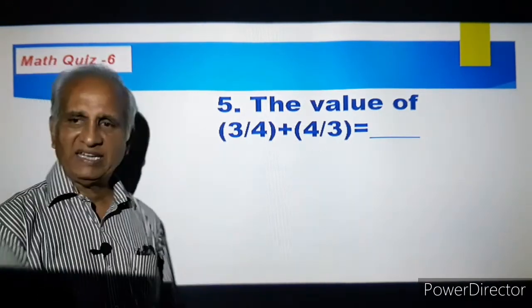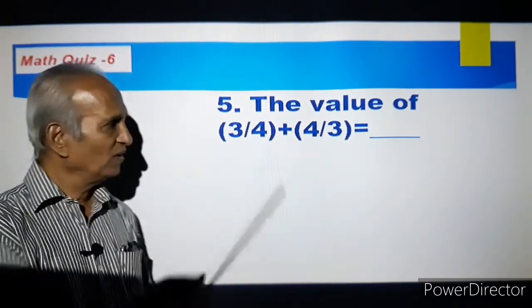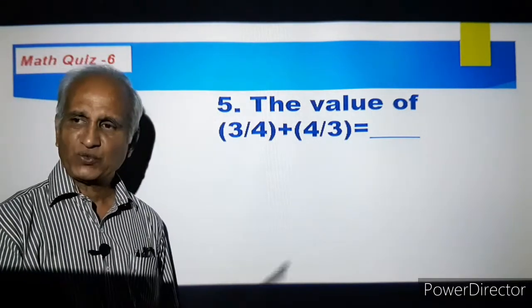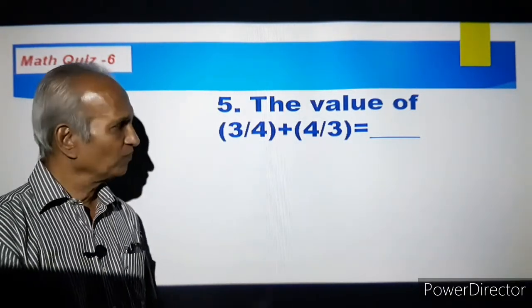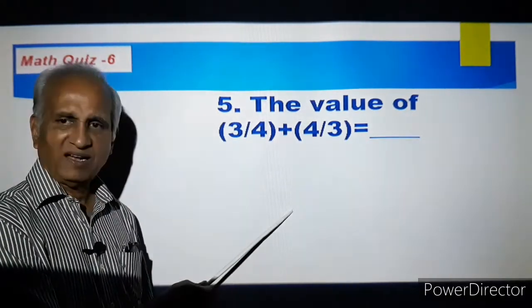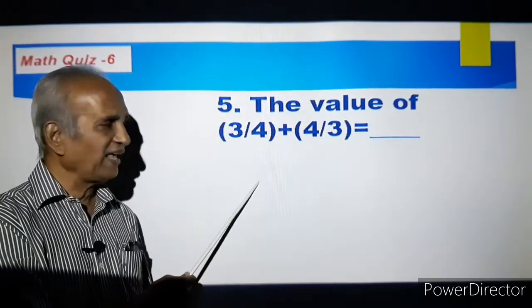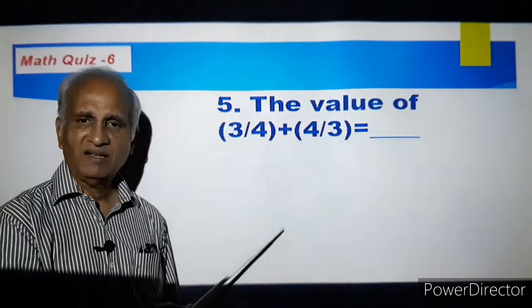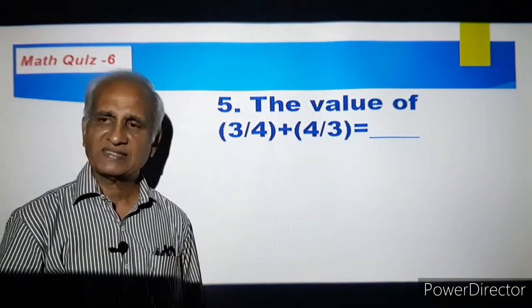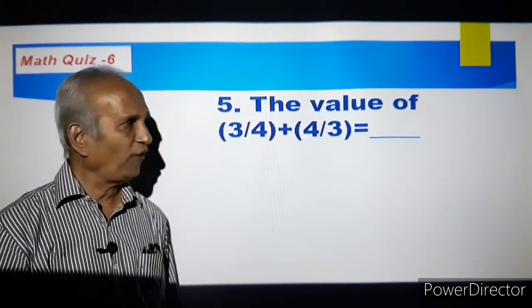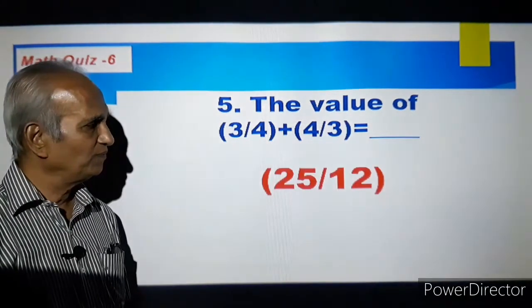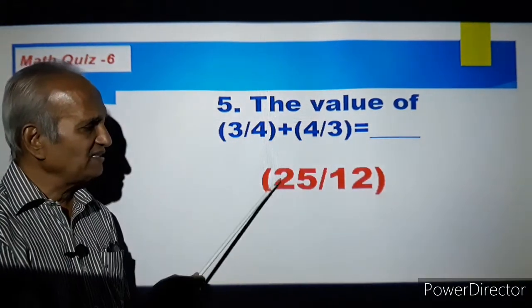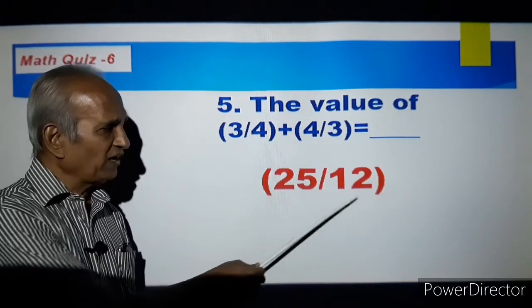For 4 and 3, it is 12. So the denominator is 12 now when you add them up. Here 4 3s are 12, 3 3s are 9. Here 3 4s are 12, 4 4s are 16. 9 plus 16, it is 25. So the answer is 25 over 12.